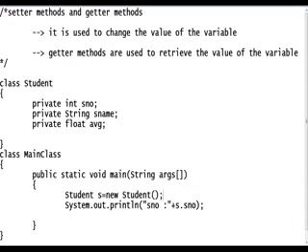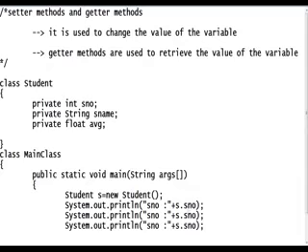So I am going to print s.sNumber, s.sName, and s.average. I want to print average also.